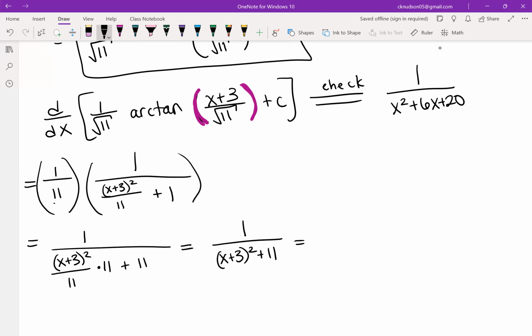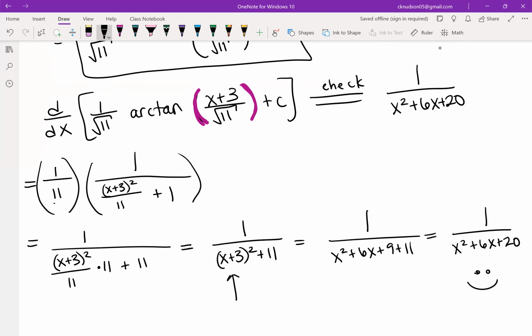And we're not quite there yet, so it's good to do one more step. Let's go ahead and expand this square. So we have x squared plus 6x plus 9 plus 11. Combine the 9 and 11 to get 20. So now we're happy because we have confirmed that the derivative of our answer is indeed equal to our original integrand.